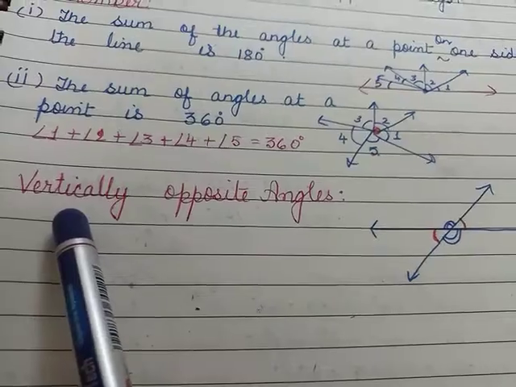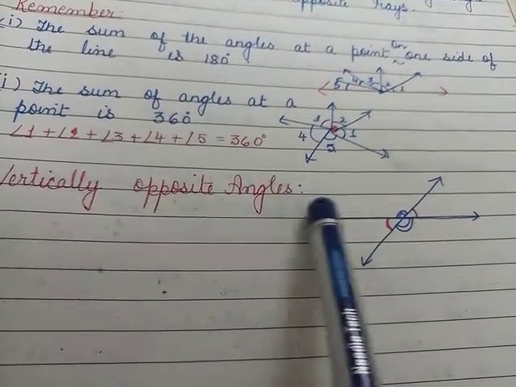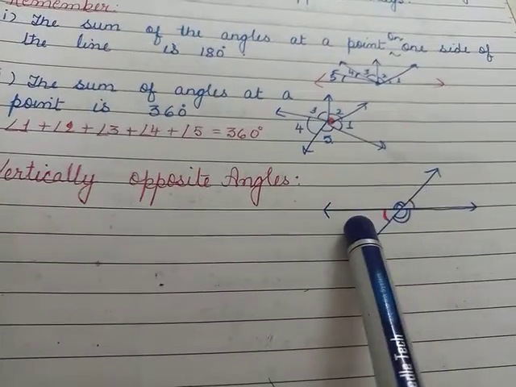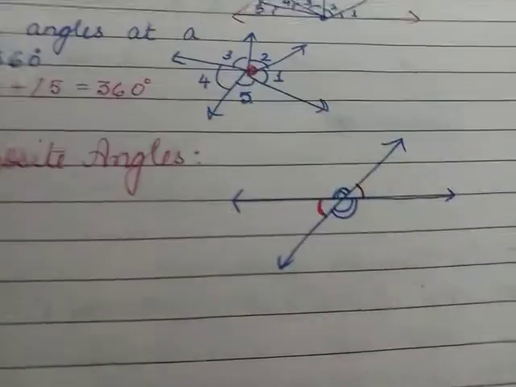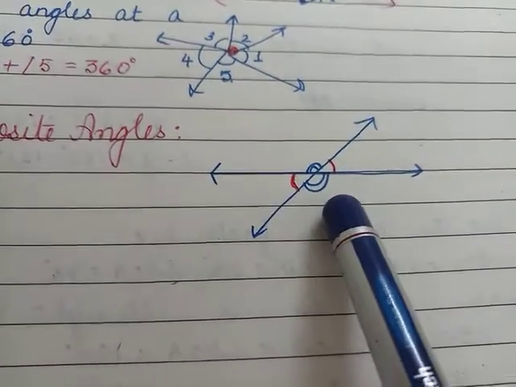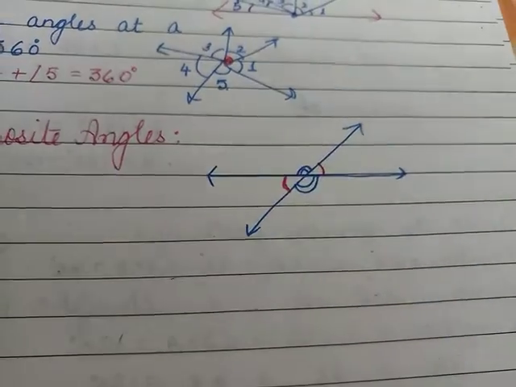Then I talk about vertically opposite angles. When we have two intersecting lines, the angles so formed are known as vertically opposite angles. So the red is vertically opposite to the red one and the blue angle is vertically opposite to blue.